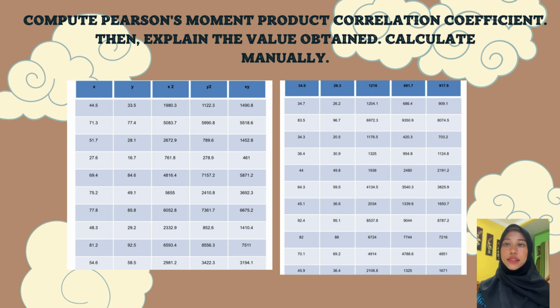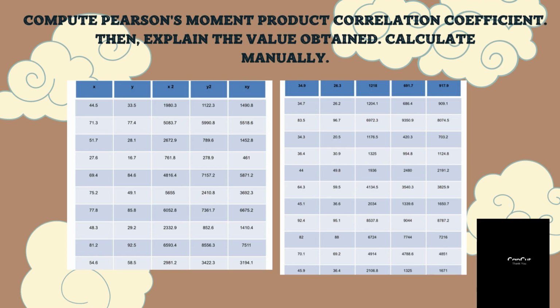So the answer is 0.937. R squared equals 0.937 squared, which equals 0.878. As we conclude, the correlation between judicial effectiveness and government integrity is 0.937, or about 1, meaning there is a very strong positive correlation between the variables X and Y.